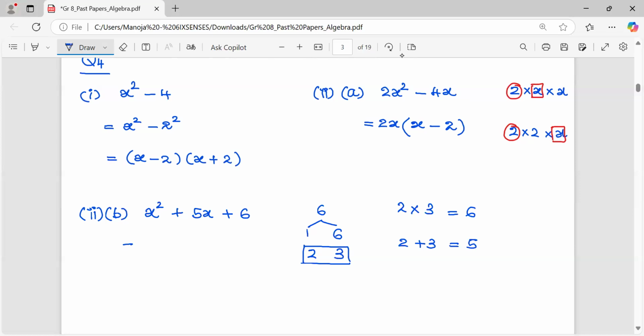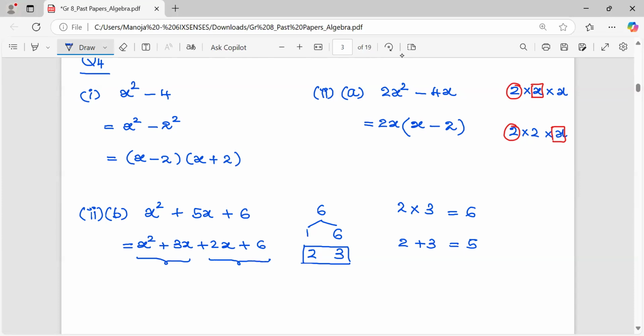Therefore, how do I rewrite this question? x squared plus 3x plus 2x plus 6, right? I split 5x into two parts, 3x plus 2x.